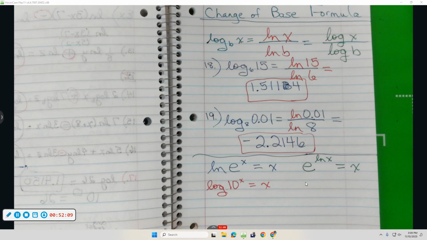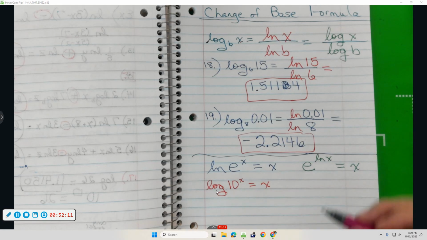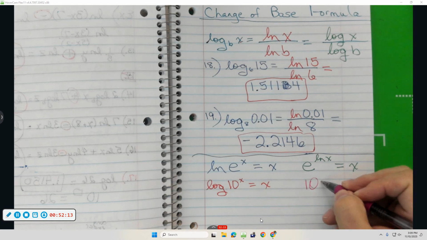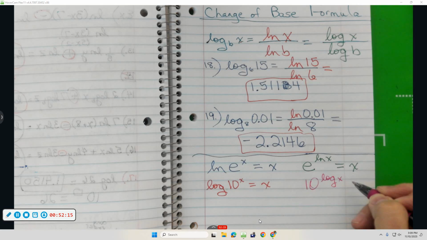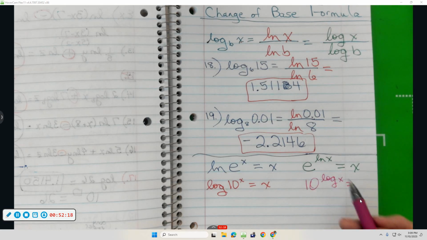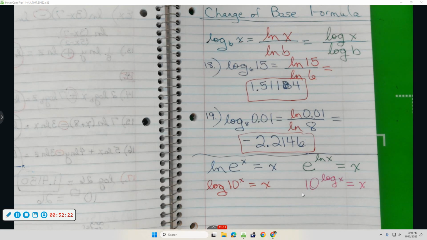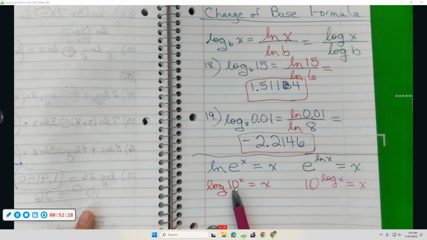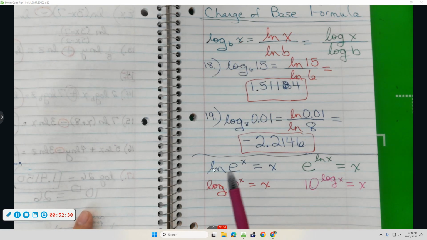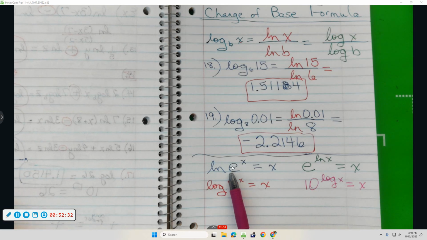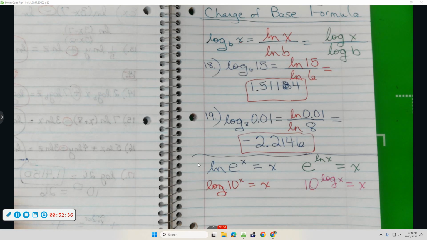And if we reverse the 10 and the log notation, 10 to the common log of x, those are inverse functions. They cancel each other out, leaving you with x. So whether it's the common logarithm and the exponential to the base 10, or the natural logarithm and the exponential to the base e, when performed consecutively, they cancel each other out.